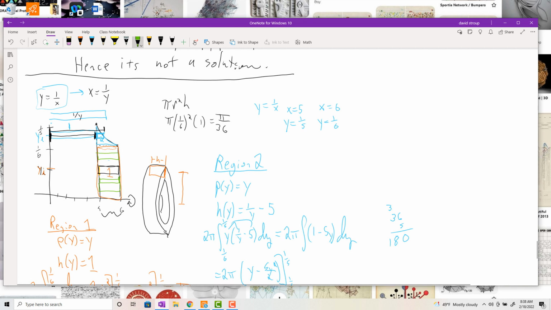But in that second region, the height of those rectangles is variable, and it's because of that 1 over y function. So as you get closer to region 1, it gets bigger and bigger. As it gets far away from region 1, it gets smaller and smaller. So it's variable. It's dependent on y, in particular 1 over y.